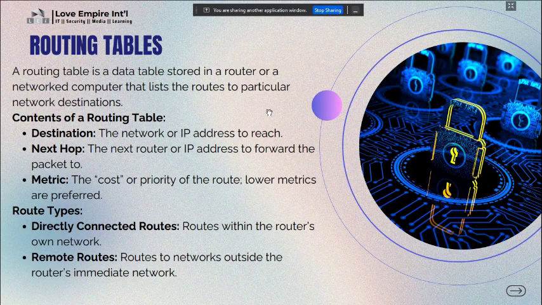But if you want to send something from your office to another location outside your office, that information will go to the router. Your router will communicate with the router of that other office. Then the router of that office will look for the IP address on its own network and send the information. So we have the remote route, to a network outside the router's immediate network.